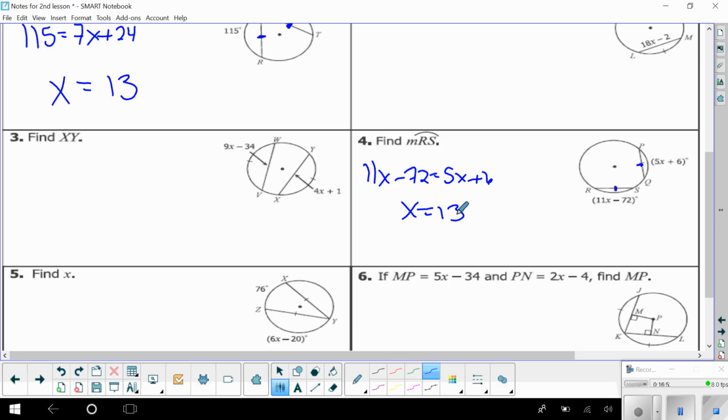But I'm not done. It wants to know the measure of arc RS. So the measure of arc RS is equal to 11 times 13 minus 72, which ends up being 71.